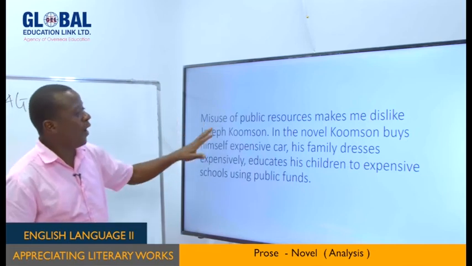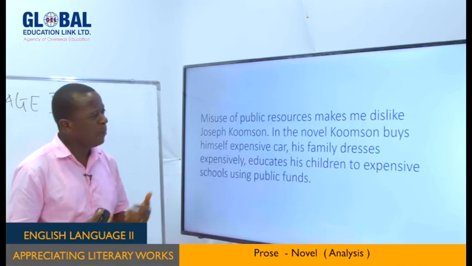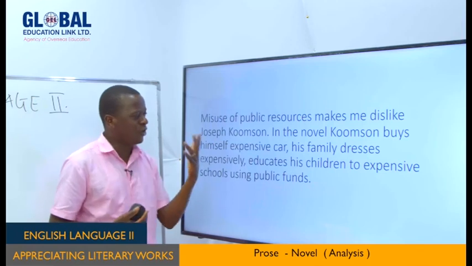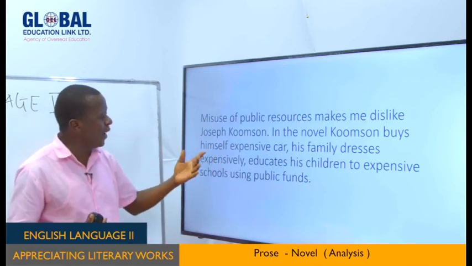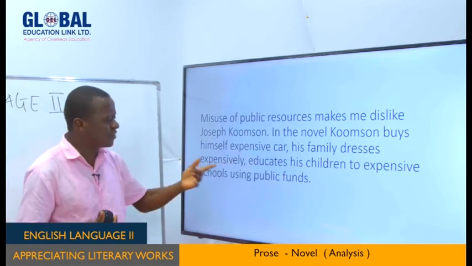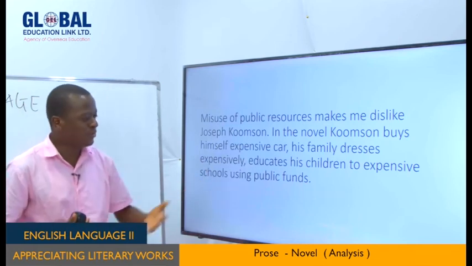The next reason why we dislike Thompson is the misuse of public resources. In the novel, Thompson buys himself an expensive car. His family dresses expensively. He educates his children in expensive schools using public funds.